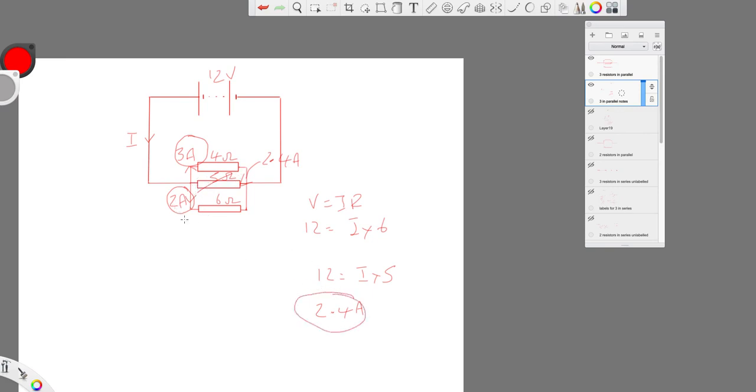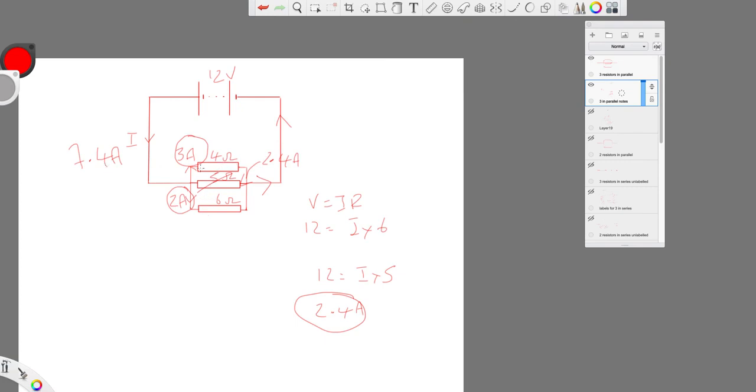So I've got 2, 4.4, 7.4 amps flowing out there. So in our series circuit, the current everywhere in the series circuit is the same. I've got 7.4 amps running out here, and I've got 7.4 amps flowing out of this parallel arrangement and back to the power supply. But in the middle here, in my parallel bit, all the currents add together to give me the current out here.